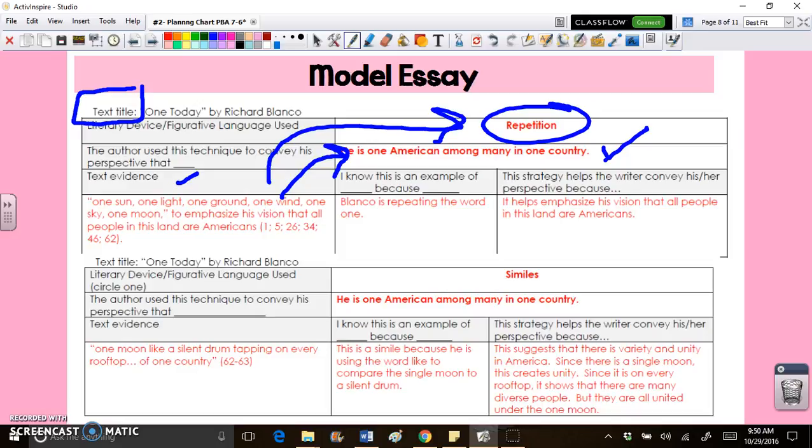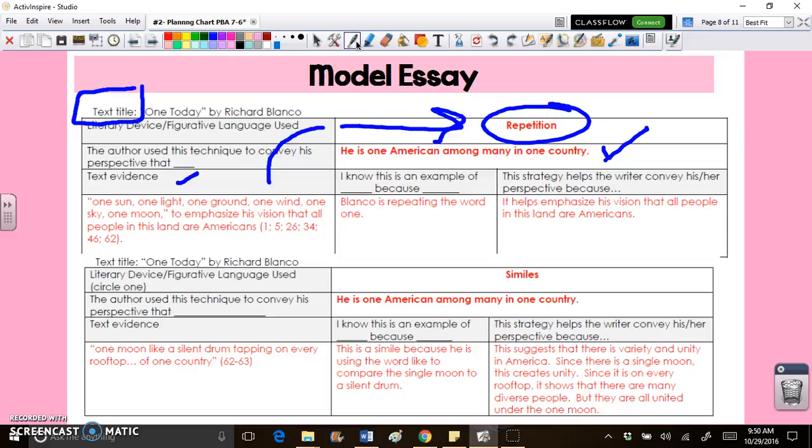In this case, you need to find evidence that shows the author's perspective, and from that perspective, it also has to be the use of a certain type of technique. If there was an example of repetition somewhere in the poem that didn't show how Richard Blanco feels about being an American, then that wouldn't be an appropriate piece of evidence to choose for this particular essay.